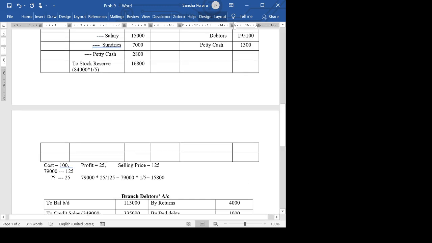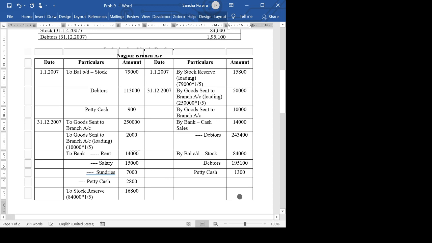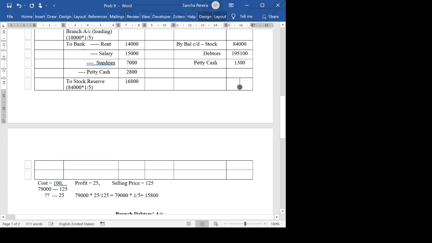And total it. Let's total this: 15,800 plus 74,000 plus 2,43,400 and so on. The total comes to 6,13,600.